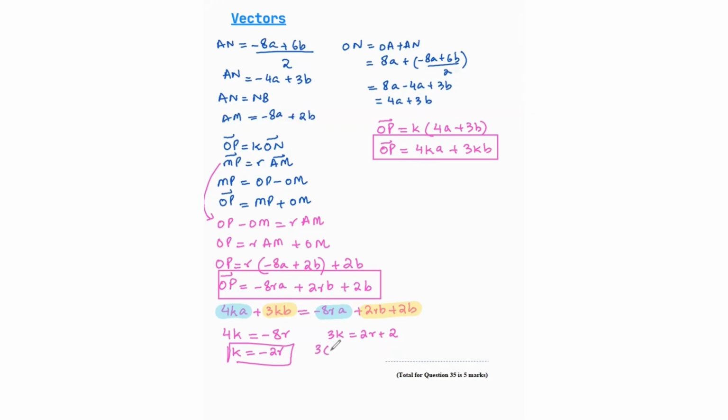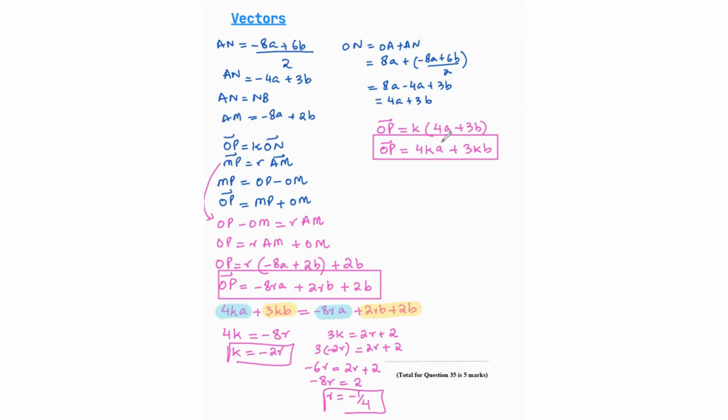So replace k with negative 2r to find the value of r. That's negative 6r equals 2r plus 2. That's negative 8r equals 2. And r equals negative 1 over 4.